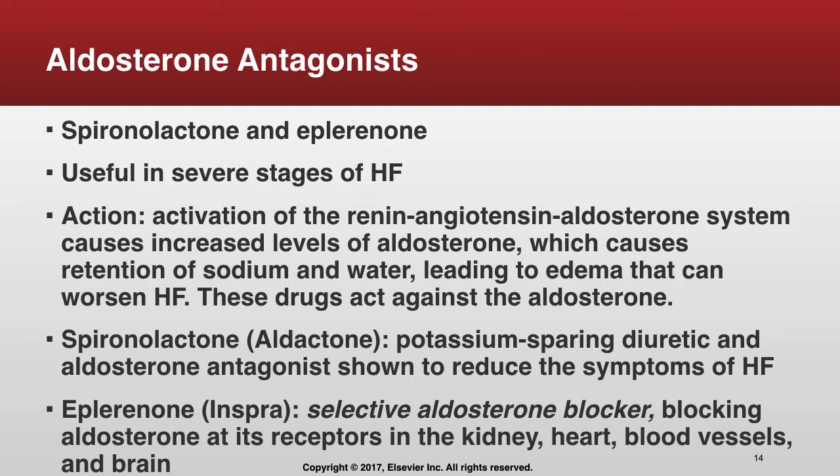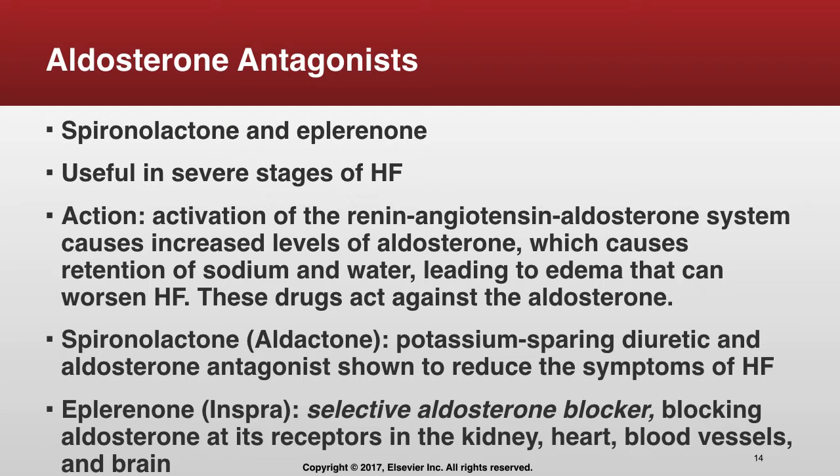So if you think back to the other diuretics like furosemide, furosemide will cause you to urinate out your potassium. Spironolactone will keep that potassium in your system so that you don't have to take potassium supplements.